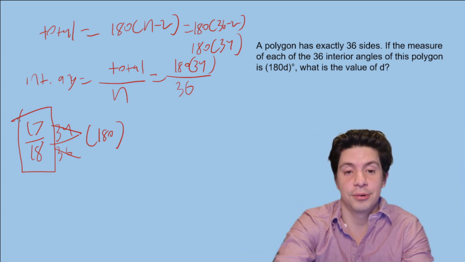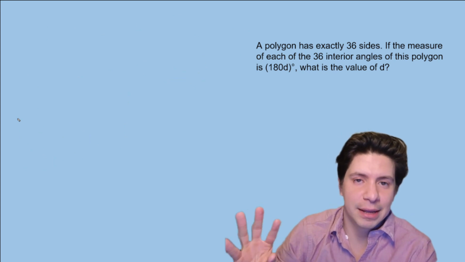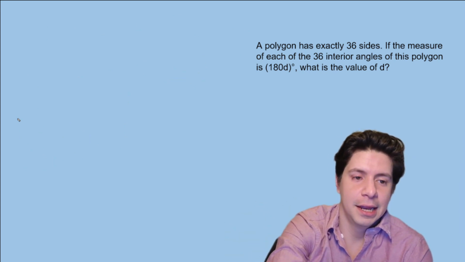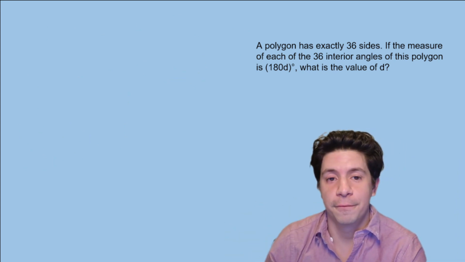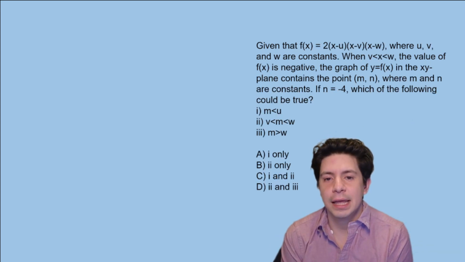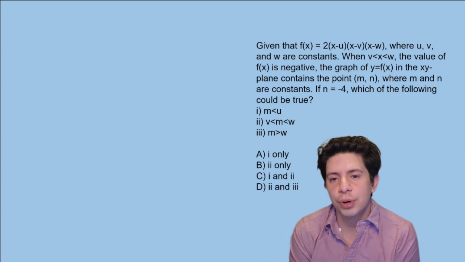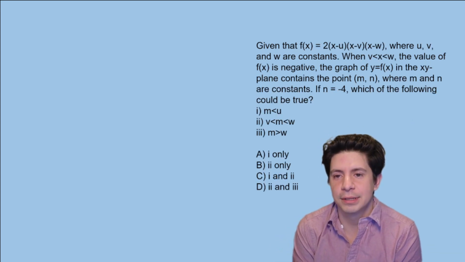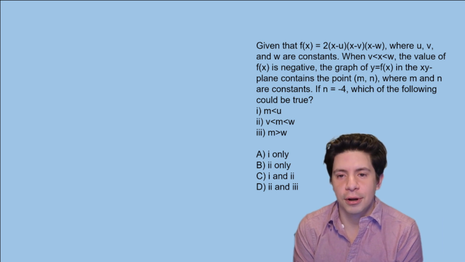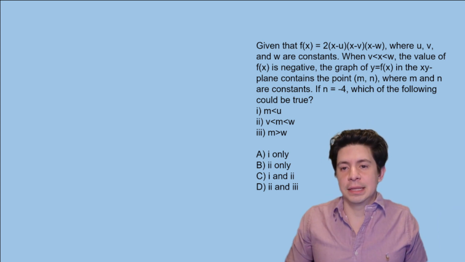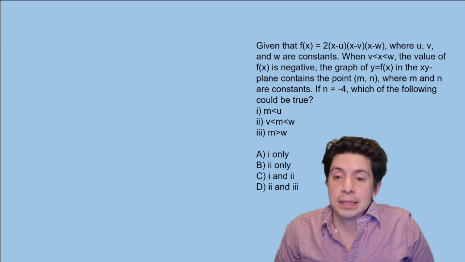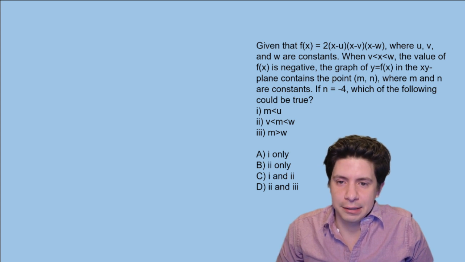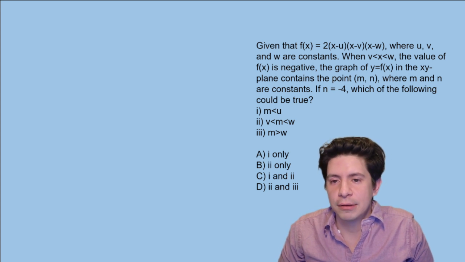All right, so now let's go on to another one that's very abstract, very fun, and that I believe you should know for March. Given that f of x equals 2x minus u, x minus v, x minus w, where u, v, and w are constants, when v is less than x, which is less than w, the value of f of x is negative. The graph of y equals f of x in the xy plane contains the point m, n, where m and n are constants.